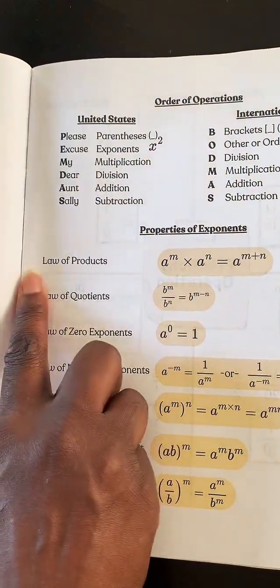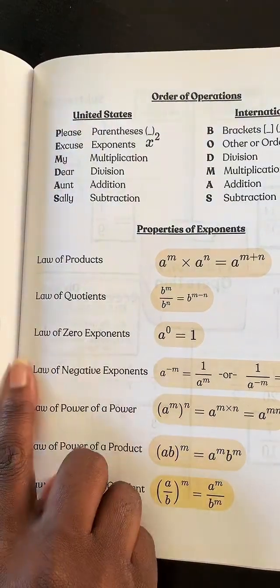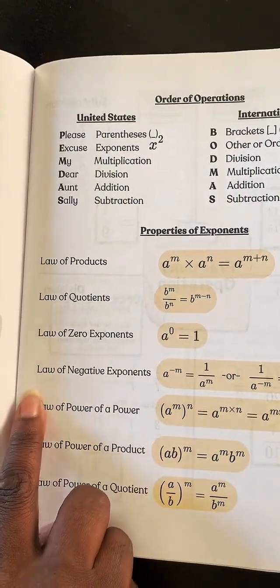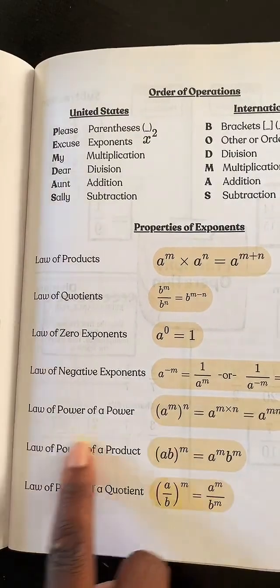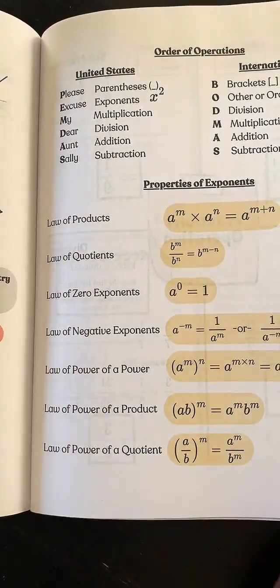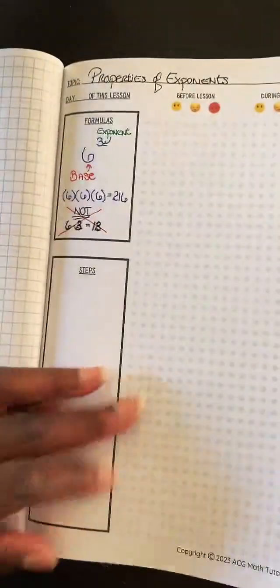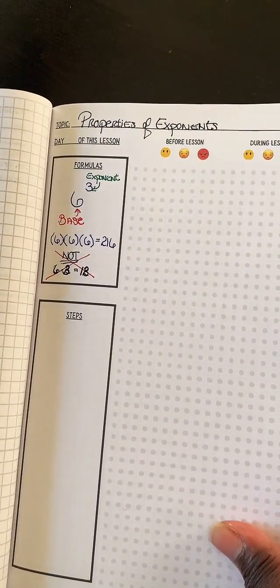We're going to be looking at the law of products, the law of quotients, zero exponents, negative exponents, power of a power, power of a product, and lastly, power of a quotient. We're going to address all of these tonight and break stuff down.